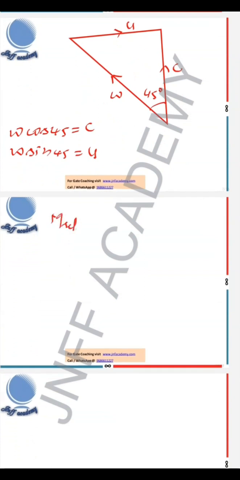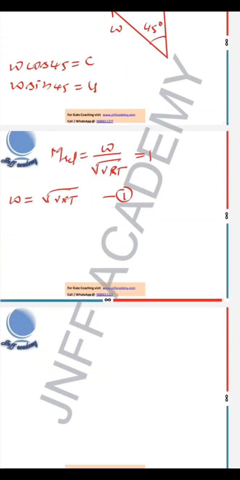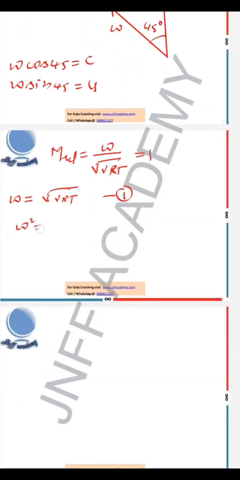Relative Mach number is equal to relative speed divided by square root of gamma RT, which is equal to 1. From here we can obtain W as square root of gamma RT. Let this be equation 1. Taking the square on one side, W square is gamma RT, equation 1.